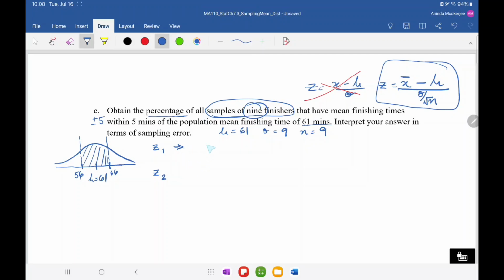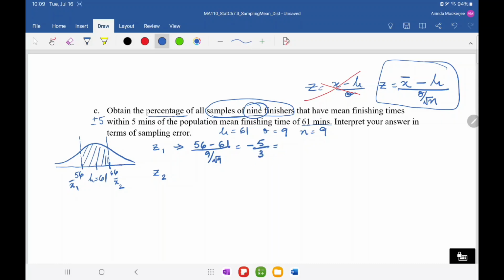All right. So x bar is 56 is the first, x bar sub 1, and let's make 66 x bar sub 2. So we will end up with x bar 56 minus 61 divided by sigma over square root over n. So 9 divided by square root over n. So it's going to be minus 5 over 9 divided by square root is 3, right?